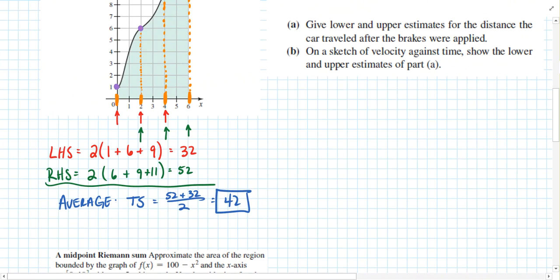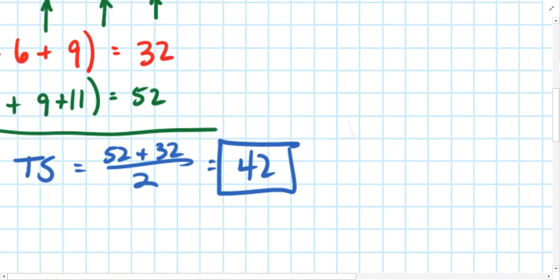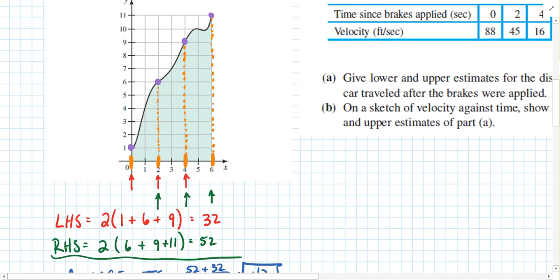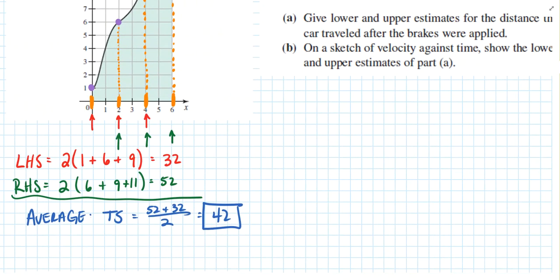And we have no way of knowing the precise area underneath this curve because we don't have the function that created this curve. But knowing that there are some overestimates and underestimates built into this function, I feel fairly confident that we've got a pretty decent area computed at this point.